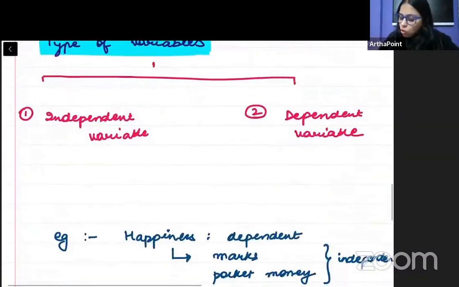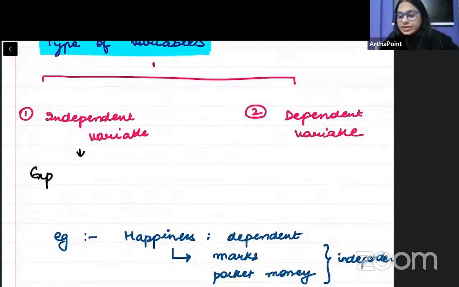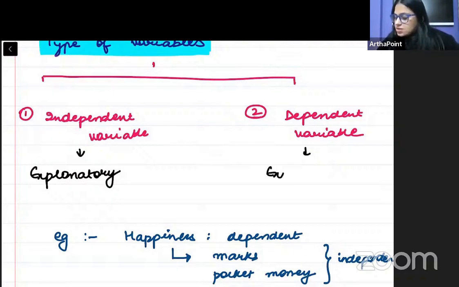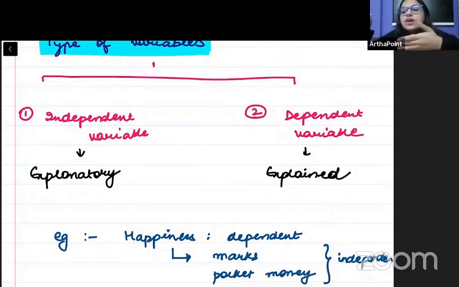Independent variable is also called the explanatory variable. Explanatory मतलब जो explain करे, the one that explains. And dependent is also called the explained variable. जो explain हो रहा हो, the one that is getting explained.